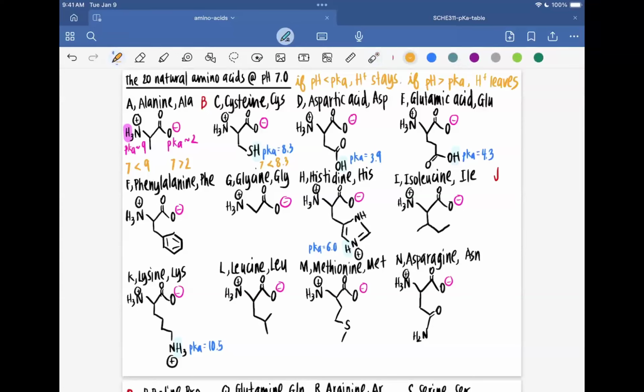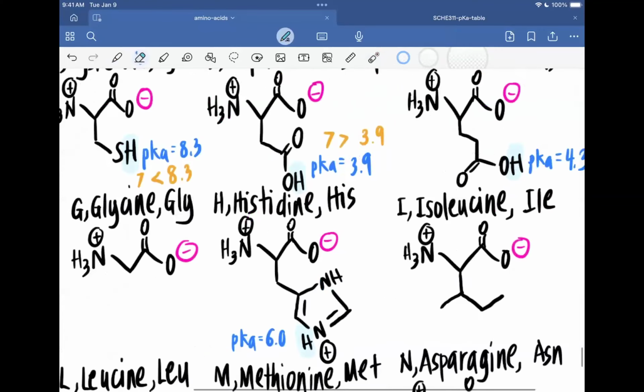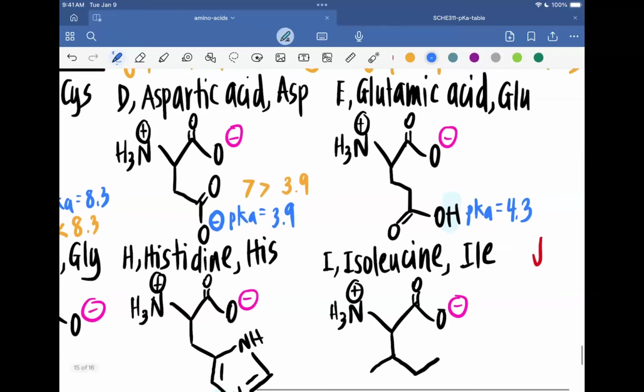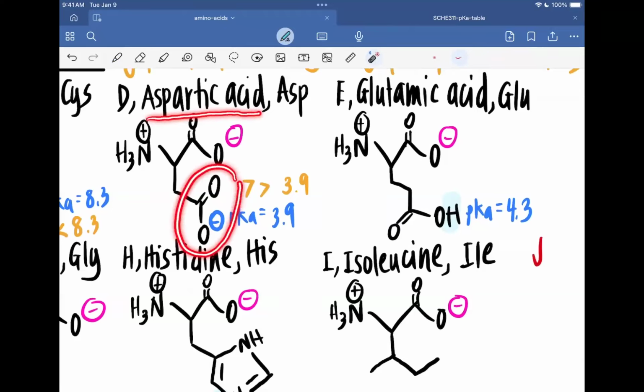In the case of aspartic acid, looking at 7 as the pH and 3.9 as the pKa, 7 is greater than 3.9, which puts us in the second scenario. The proton will leave. So I'm going to zoom in just so that I don't mistakenly erase something I'm not intending to. And I'm going to give the carboxylic acid a negative charge on that oxygen. So you may have heard this amino acid referred to as aspartate instead of aspartic acid, and that's because we have the carboxylate group there.